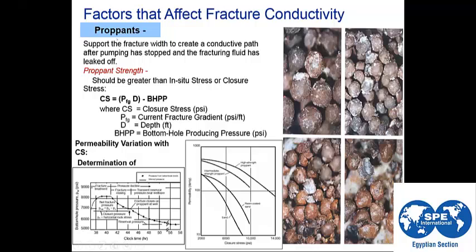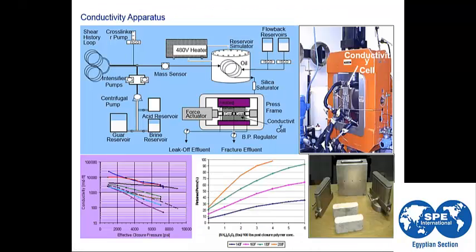Here we are going to discuss the factors affecting the fracture conductivity. First, how do we calculate the closure pressure? We can calculate the closure pressure from the fracture gradient multiplied by depth and deduct the value of the bottom hole production pressure. So once we get the closure pressure, we can go to this curve here.